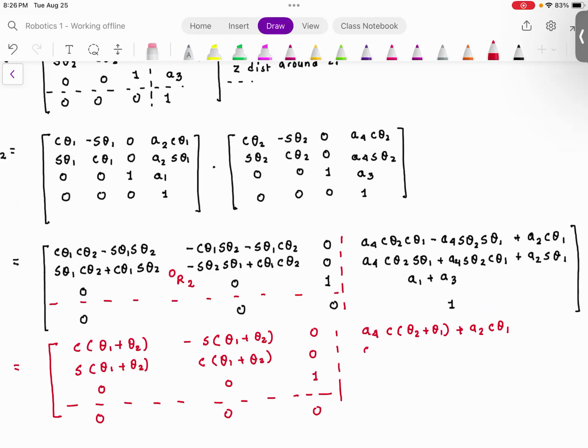Next thing is A4 sine of theta 1 plus theta 2, plus A2 sine theta 1. The last one is A1 plus A3, and we have 1.